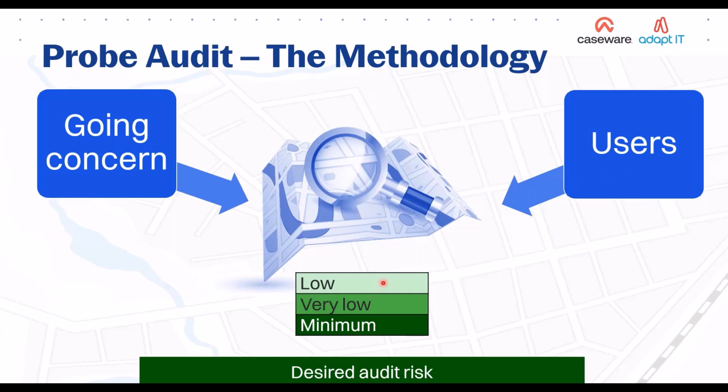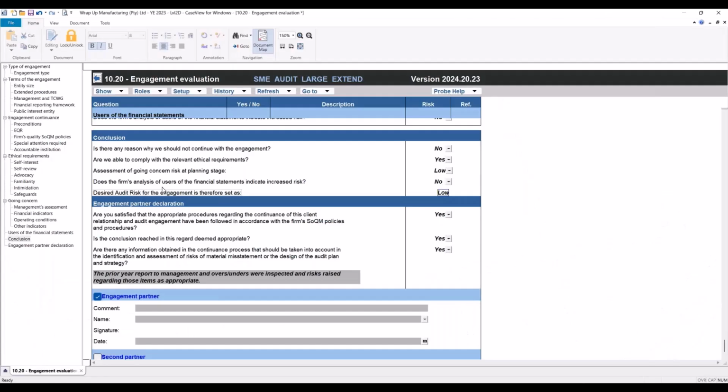So we can take the highest level of the desired audit risk. I almost want to say take the highest risk if you want. Okay. So that's why when we then get to the desired audit risk, we have low. The other options being very low and minimal.